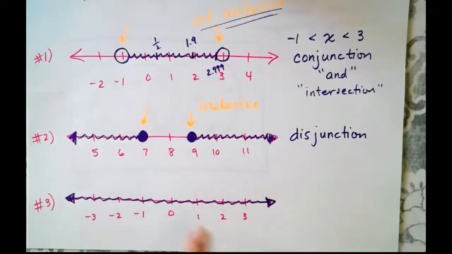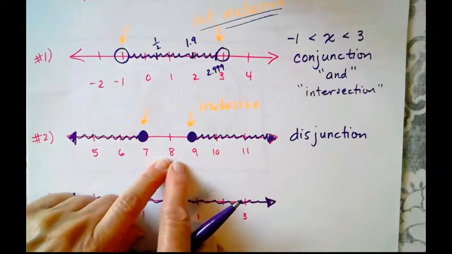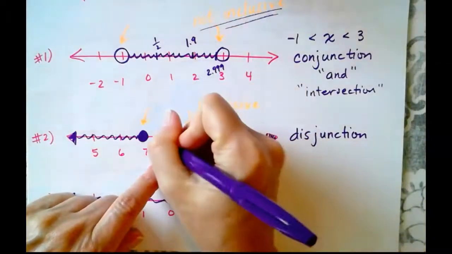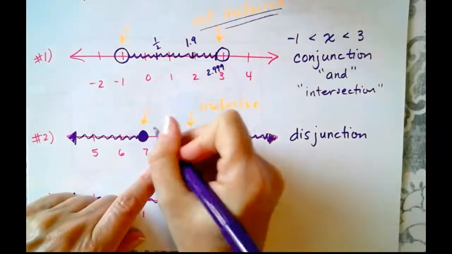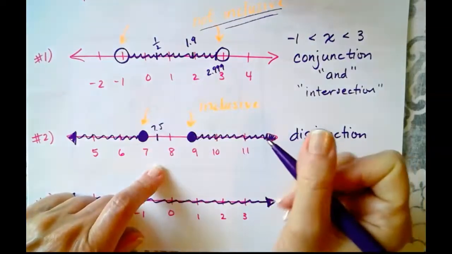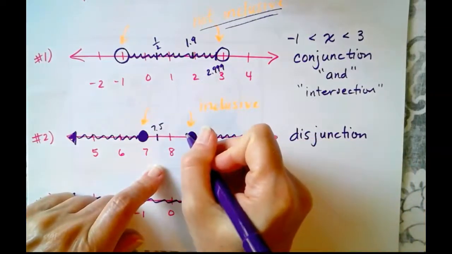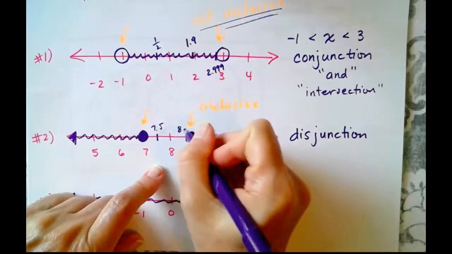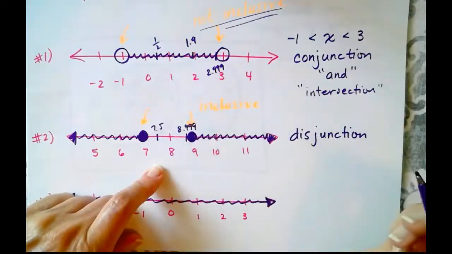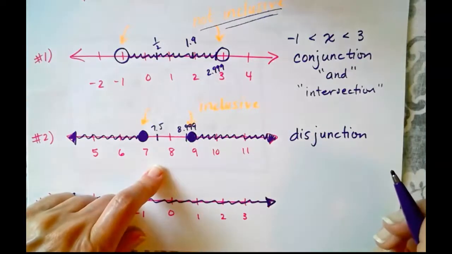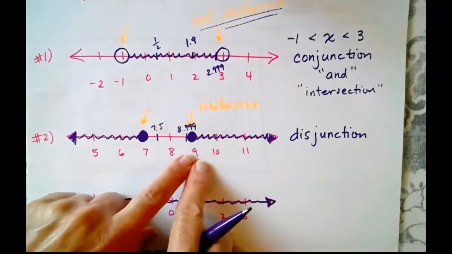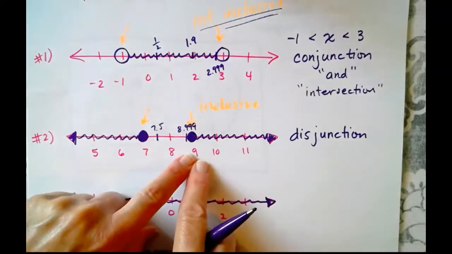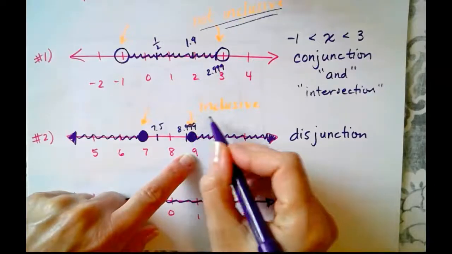So what we can see here is that 8 is not in our solution set. 7.5, not in our solution set. 8.999, not in our solution set. But 9 is in our solution set because the circle is filled.